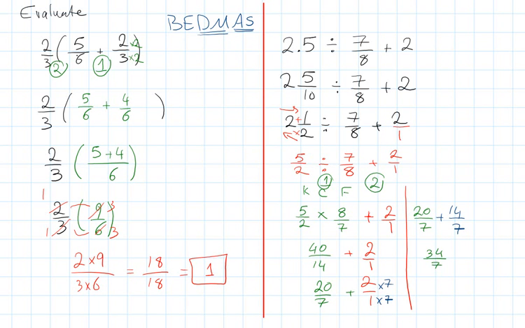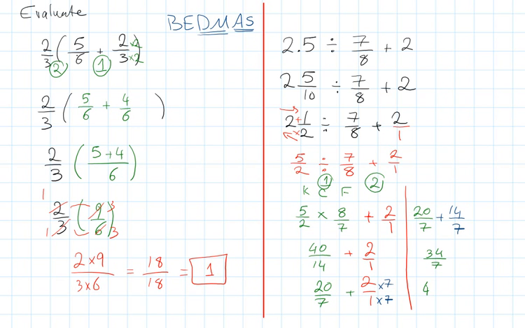Remember, if you have an improper fraction, how do you know? Because the number at the top is larger than the number at the bottom. So you need to find out how many 7s are in 34, or do the long division, and the remainder would be the numerator. Whichever way you do it, we can just do it the simple way. How many 7s are in 34? That would be 4. If you were not sure, you can use a calculator.